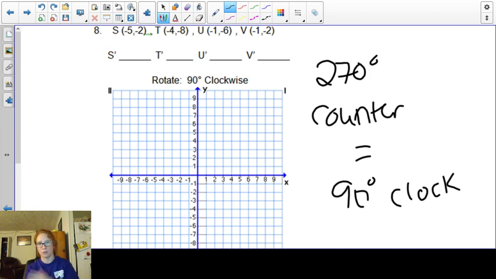You can essentially rotate in the circle. Well, 360 minus 90 gives me 270. So those rules are exactly the same thing. Even though it says on your sheet 270 counter, and asks you to go 90 clockwise, they mean the same thing.